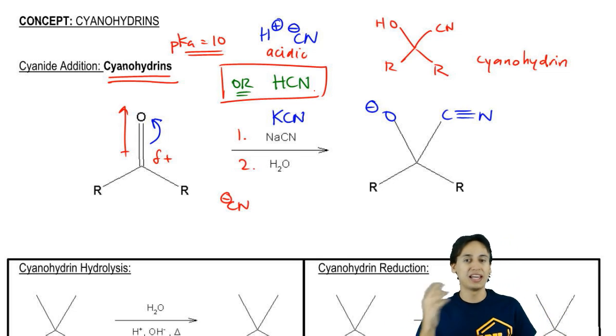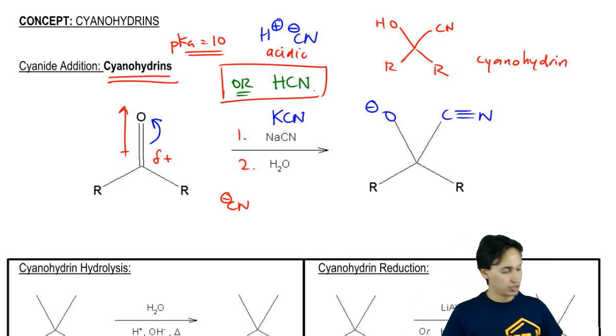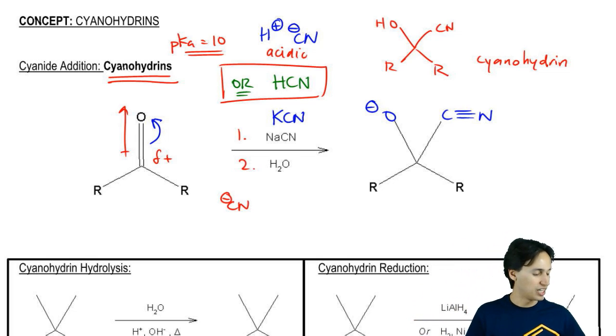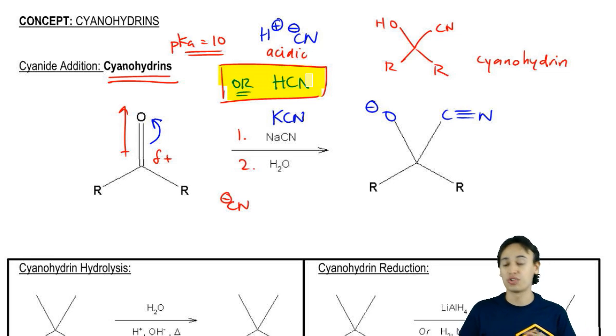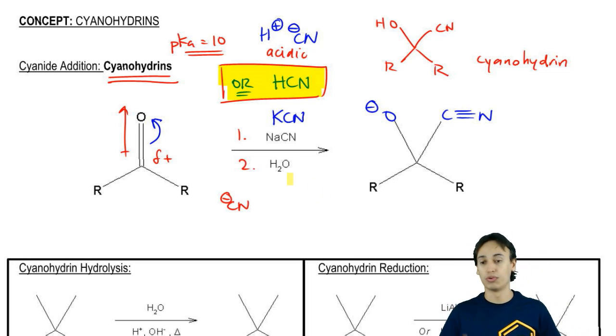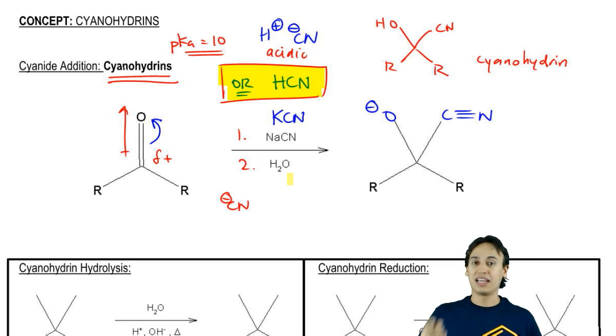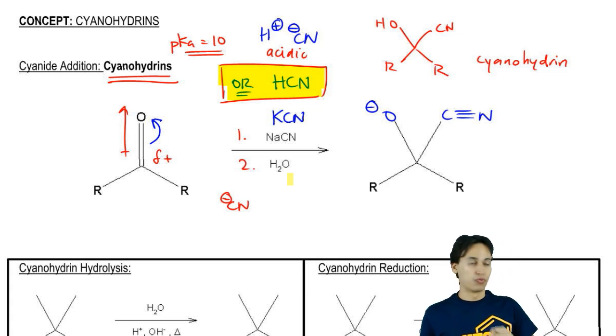So you could do NaCN and then water, or you could just use HCN, and HCN will take care of both steps. It will do the nucleophilic addition, and you'll go ahead and add your hydrogen for the protonation step.